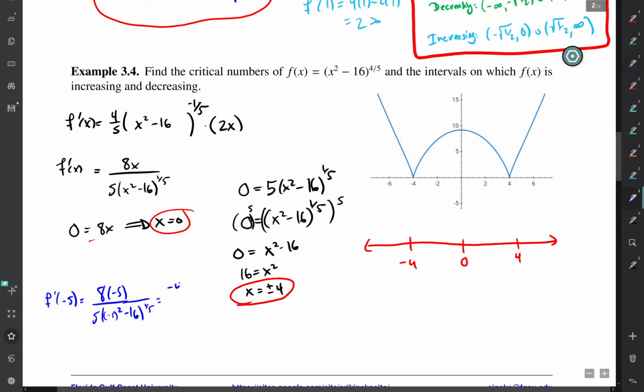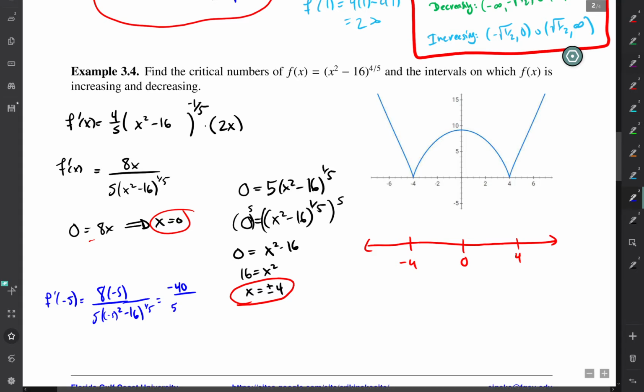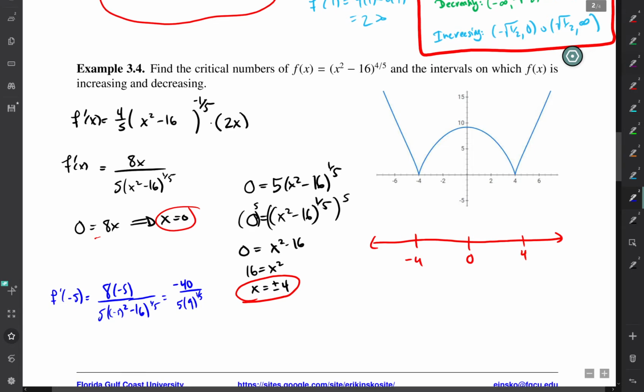That'll be negative 40 over 5 times 9 to the 1/5, since 25 minus 16 is 9. I don't really need to figure out what this is. I know it's going to be a negative number because it's negative on top and positive on the bottom. So it's negative, which tells me I'm decreasing here.